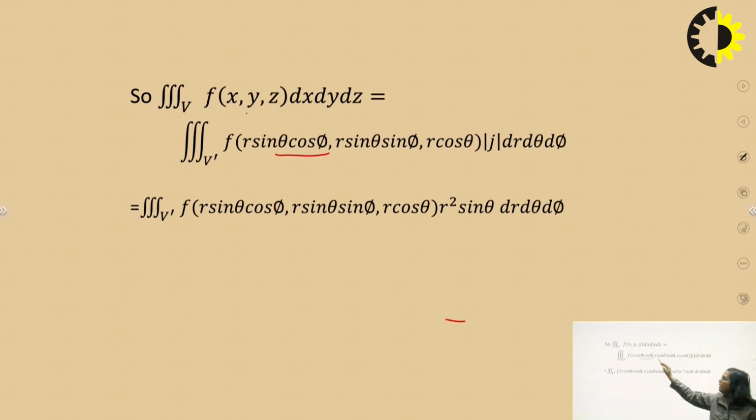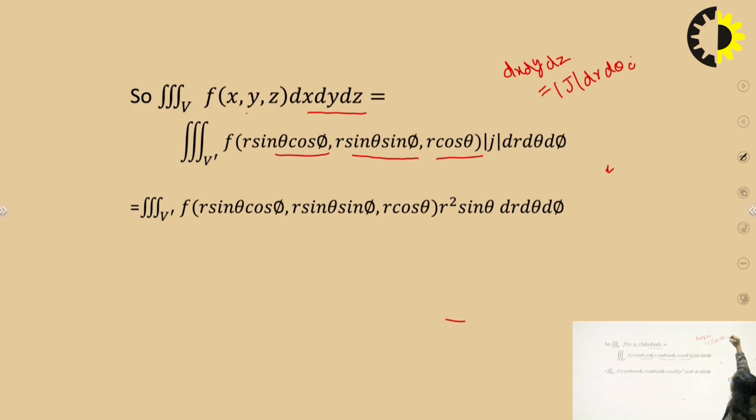In place of y, the value is r sine theta sine phi. And in place of z, the value is r cos theta. And dx, dy, dz is replaced with the modulus of Jacobian into dr, d theta and d phi.